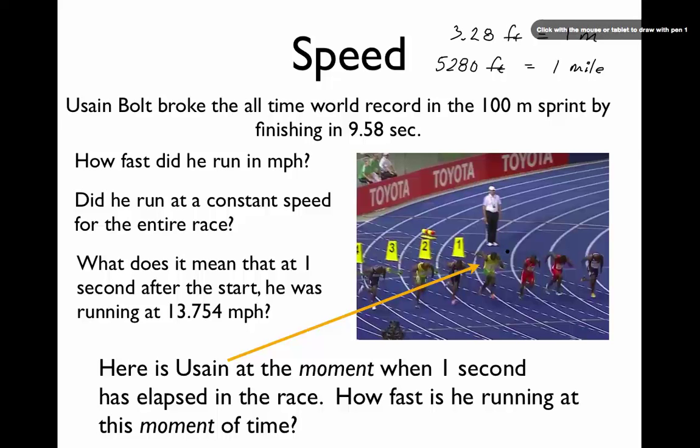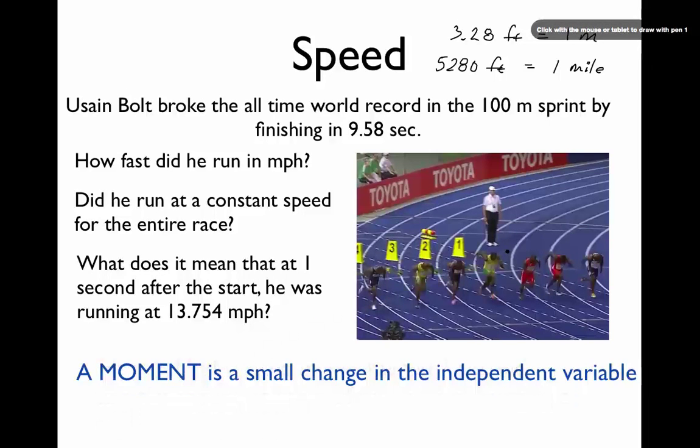So when we say, what does it mean that at 1 second after the start he was running this fast, we have to consider a small change in time to make sense of that. And that's what we're going to call a moment. So a moment is a small change in the independent variable. A moment is a small change in the independent variable.